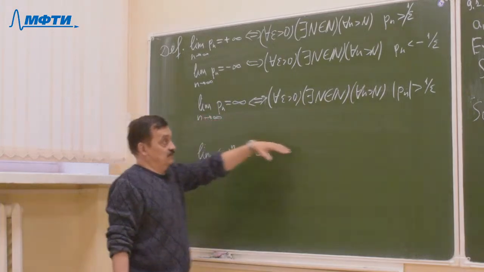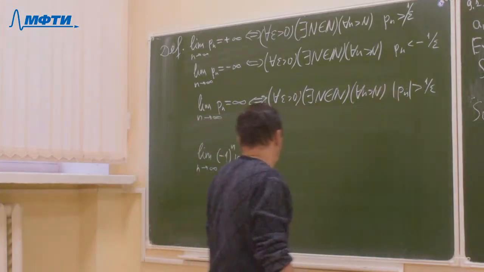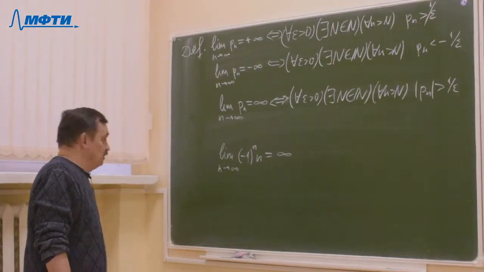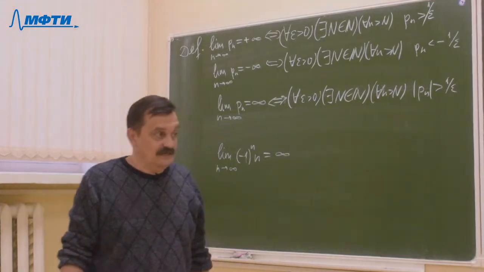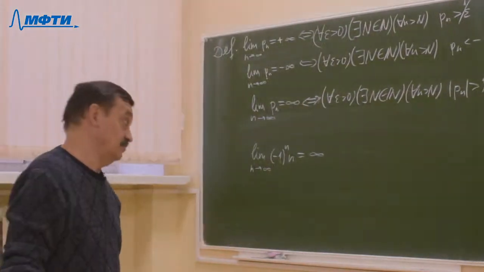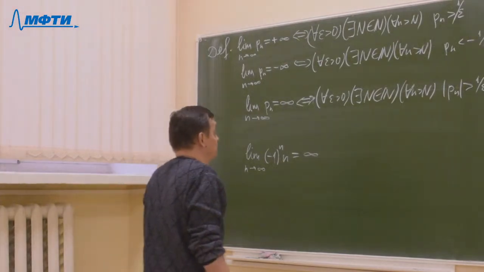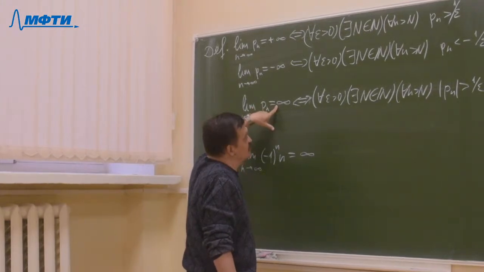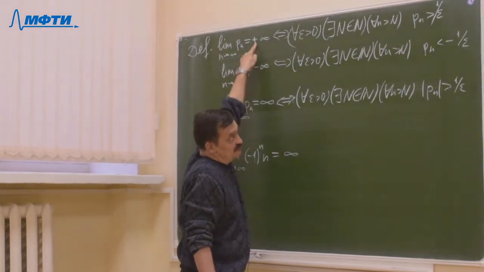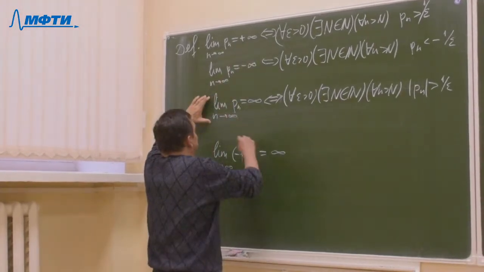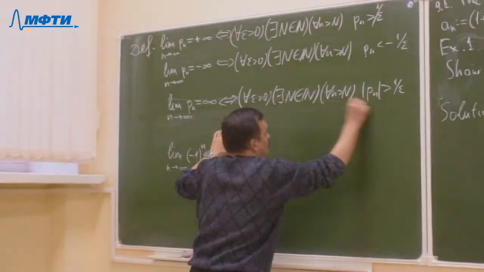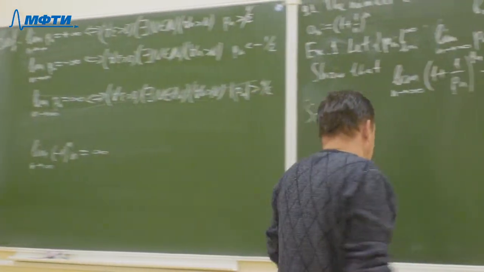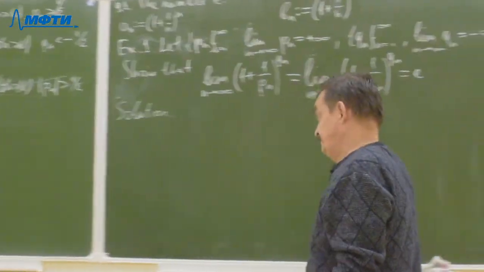But the last is true. And in your lecture notes and in most of the textbooks in English, infinity here is the same as plus infinity. So it means this is not considered at all. That is a little bit strange, but there is such a difference.